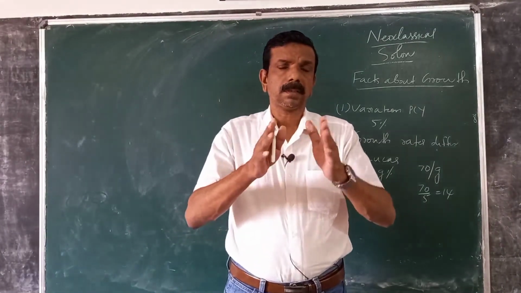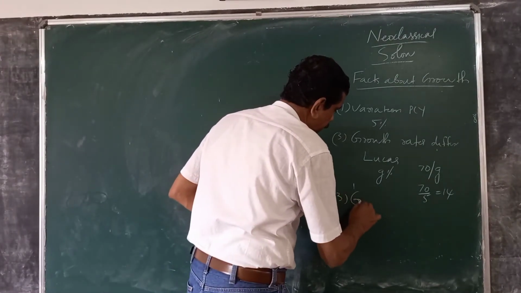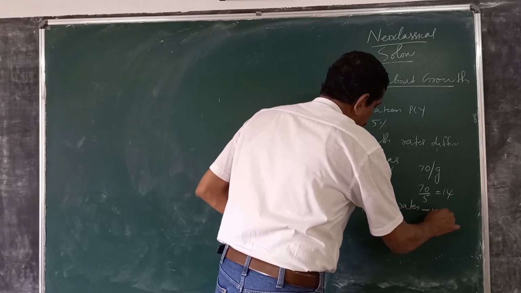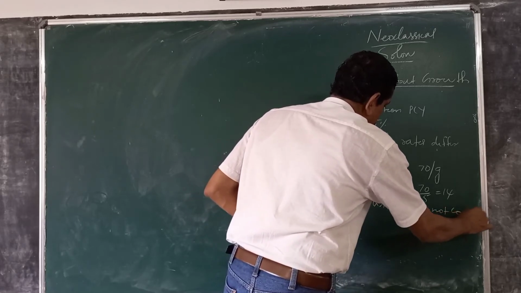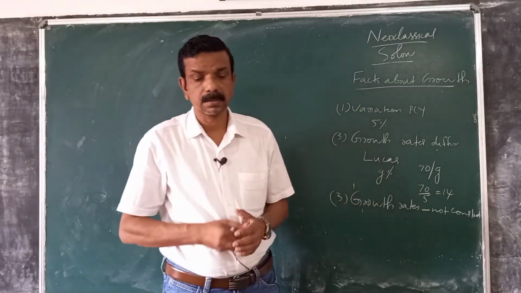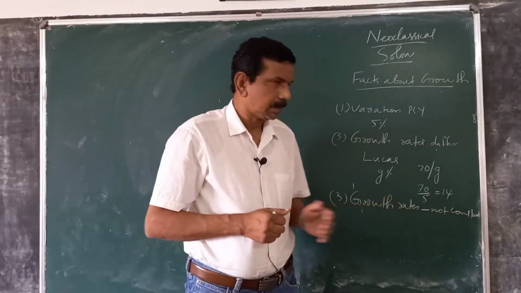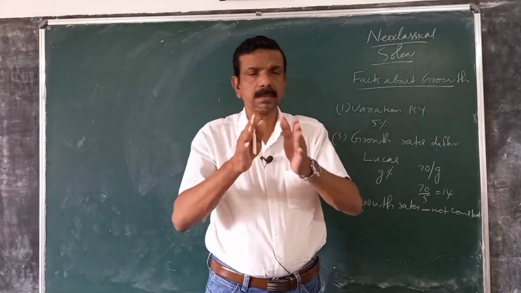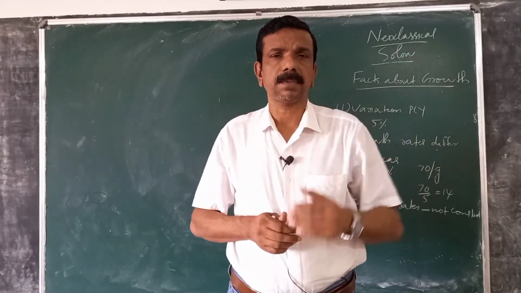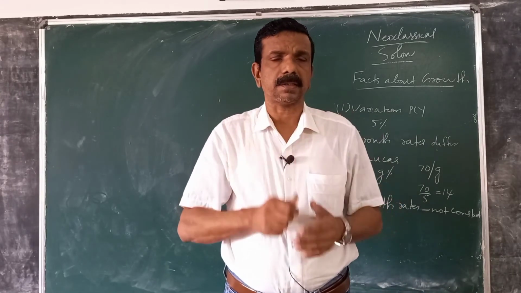The third empirical observation is growth rates are not constant. What we observe in the real world is economies experience rapid growth rate during some time period, but growth rate will decline after that.